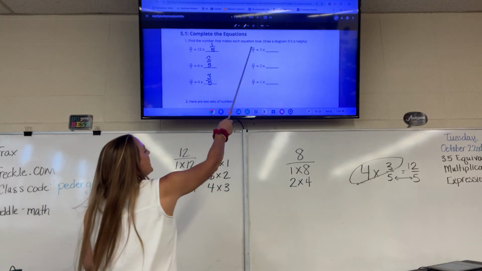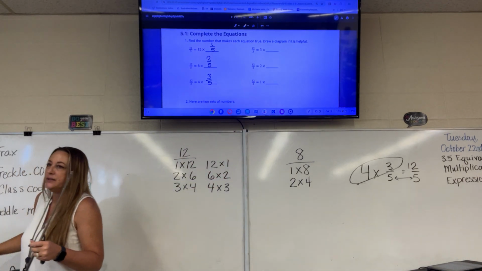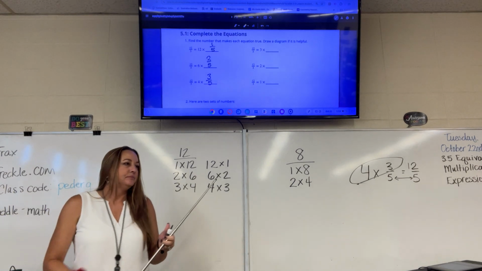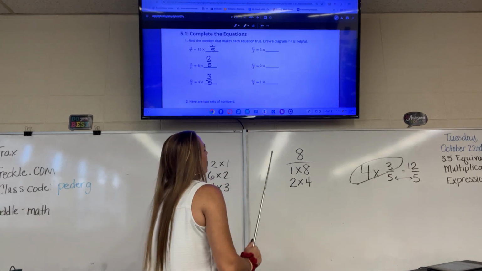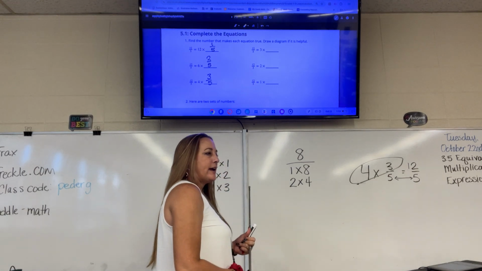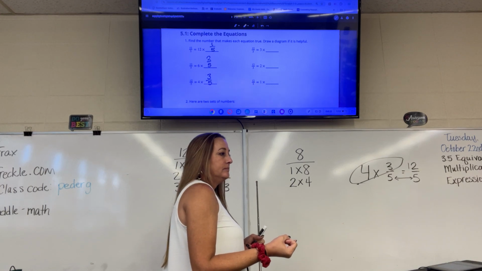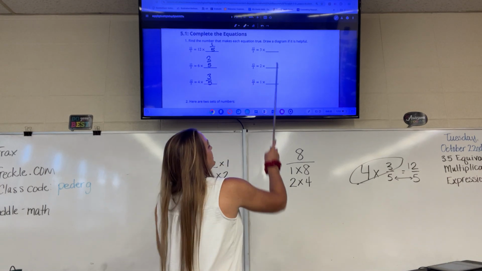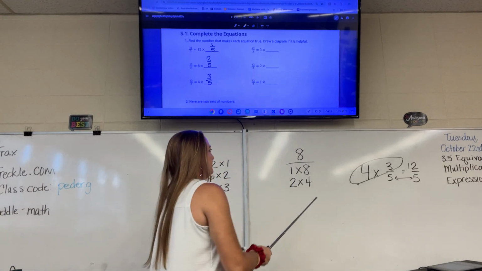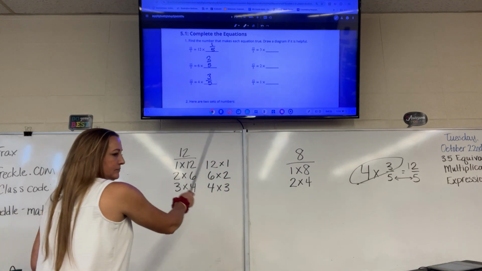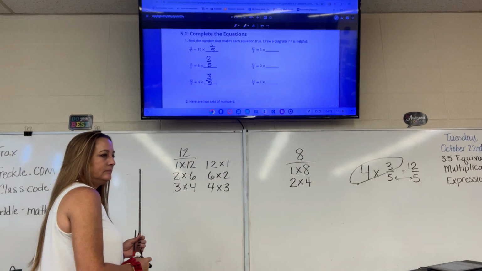Yep. That's all we're doing. Okay. Next, 12/5 equals 3 times what fraction? Todd. So 3 times what fraction equals 12/5? So I'm looking at a fraction. What's the bottom number going to be for sure? 5. What do you multiply 3 times to get 12? 4.